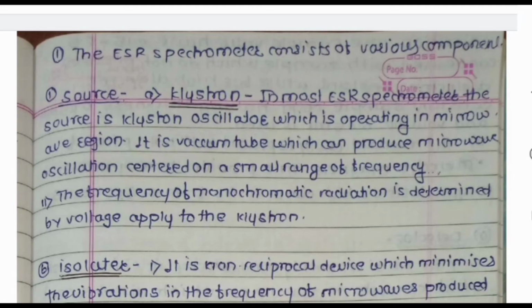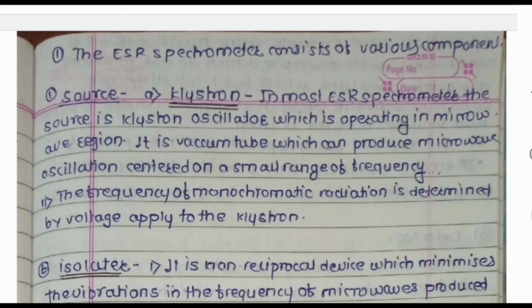We have seen that ESR works in the microwave region at a frequency of around 9 to 10 gigahertz. This klystron source is a vacuum tube which produces microwave radiation centered on a very small range of frequency. So 9 to 10 gigahertz is generally given as the microwave region.